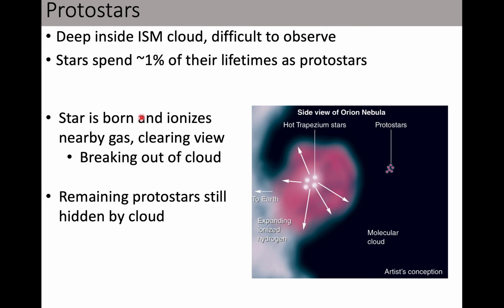So once a star is able to emit enough energy to clear the gas around it, clear the ISM around it, is when it becomes visible. This doesn't mean that all protostars that are forming from the same shockwave, the same explosion, let's say, will be happening all at once. So even though one star comes into view, there might be other protostars still within the cloud, still forming.